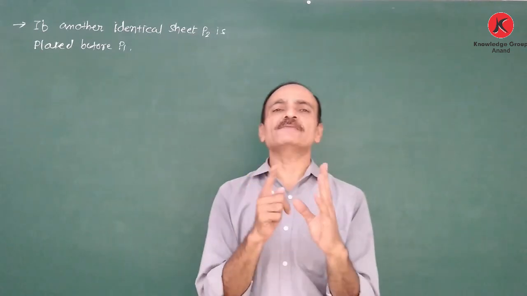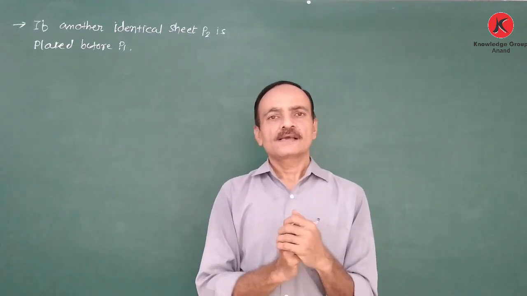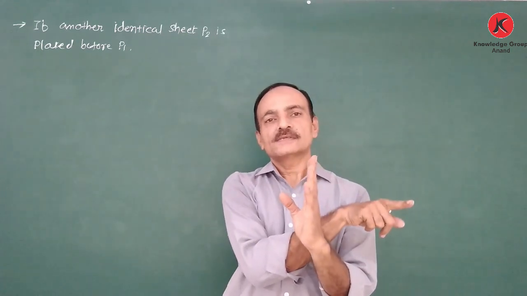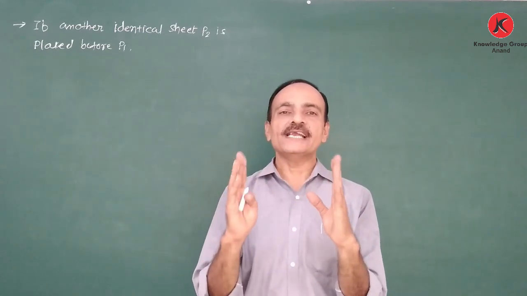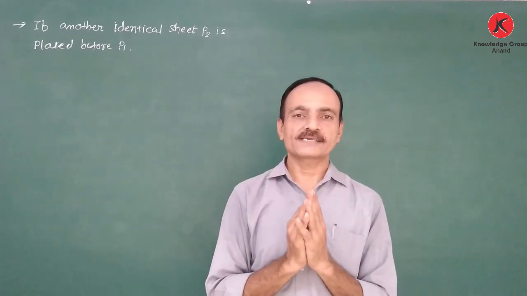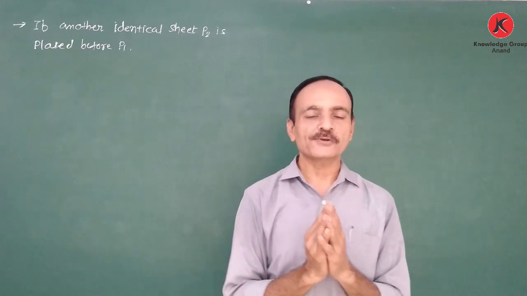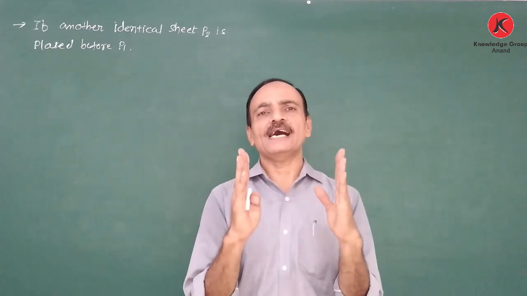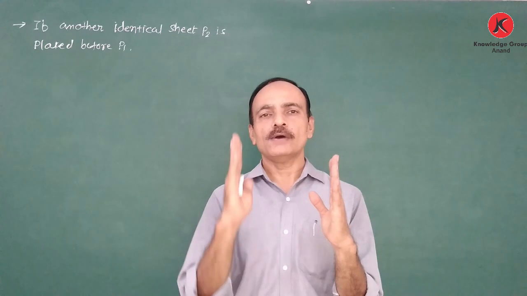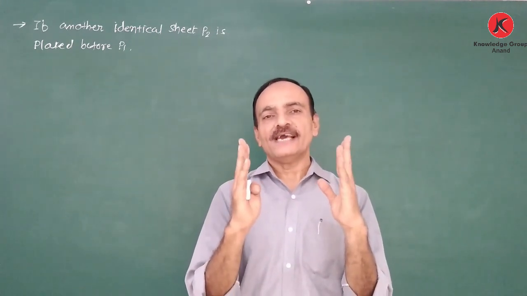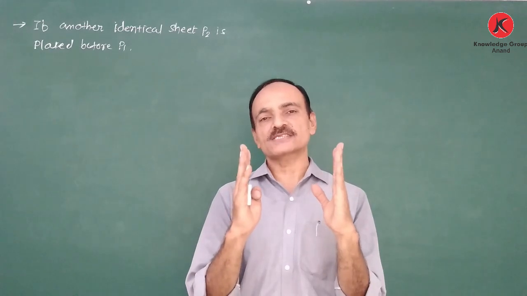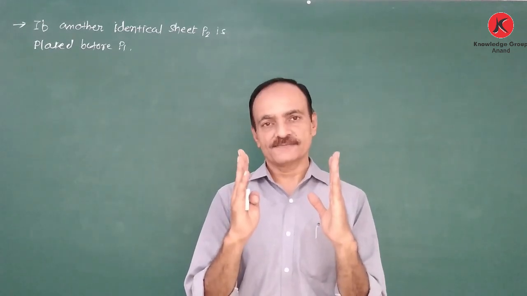The intensity of the light emerging from the last sheet P1 depends on the relative position between the two plates. When both plates are parallel, there is P2, there is P1. At that time the axes of both sheets are also parallel to each other.